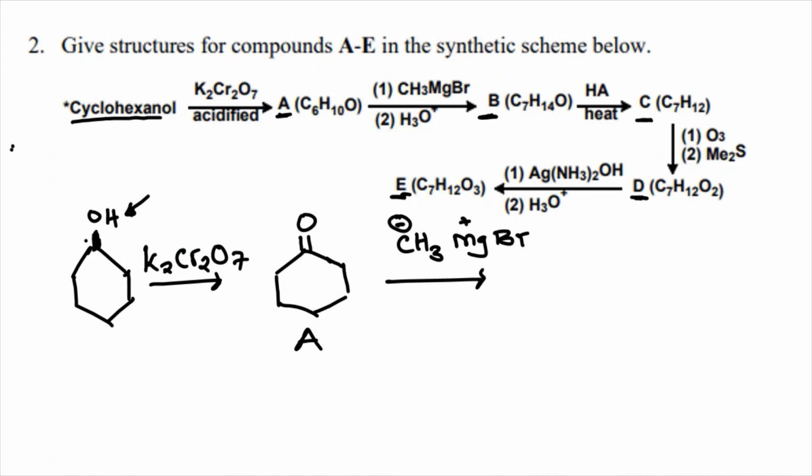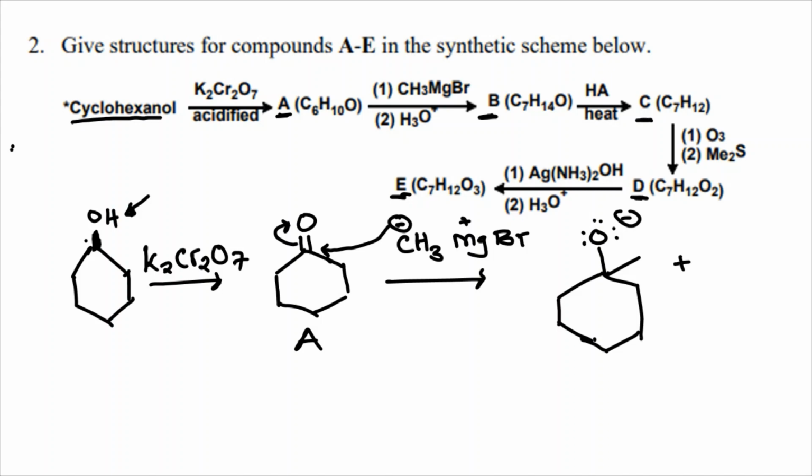So this carbon is going to come and attack this carbonyl carbon here, and this bond is going to break. The methyl group is going to join at the carbonyl carbon. So you have a structure like this. This oxygen here got the electrons, so it will be negatively charged and the methyl will attach there.